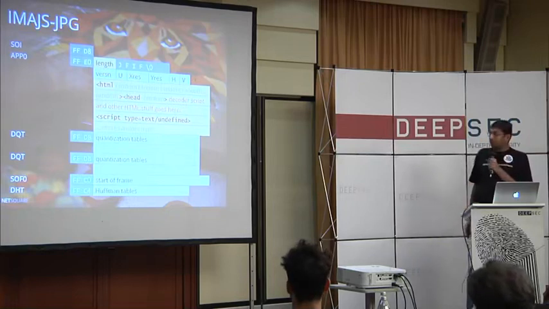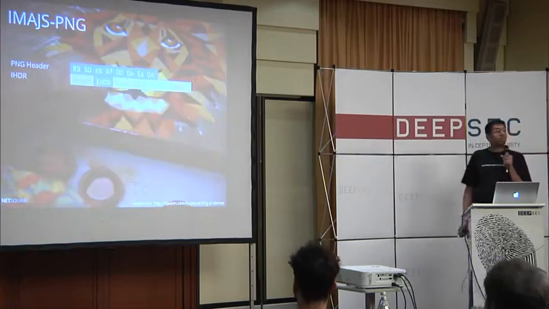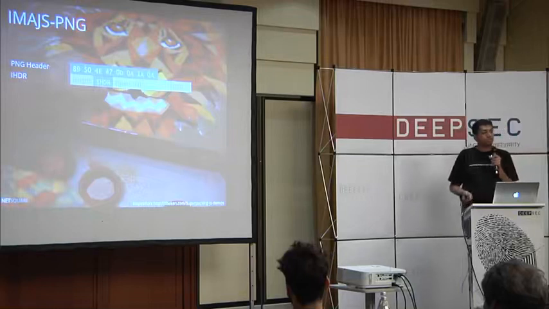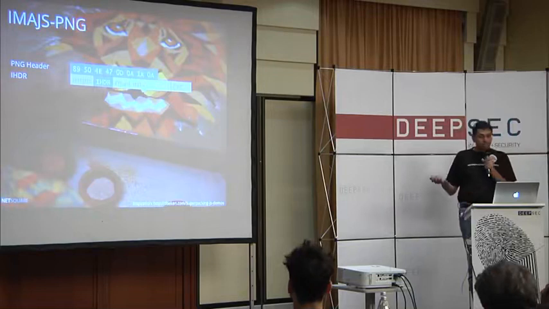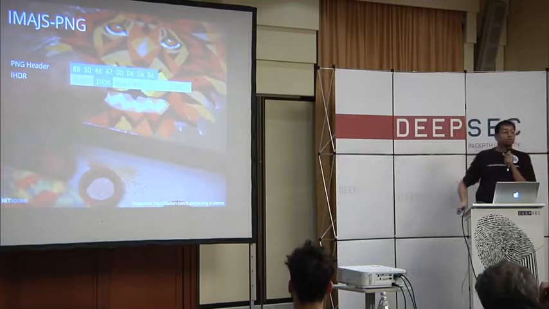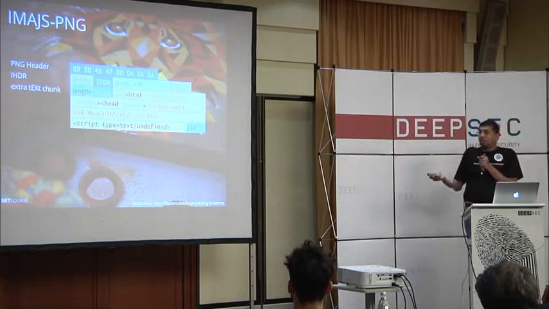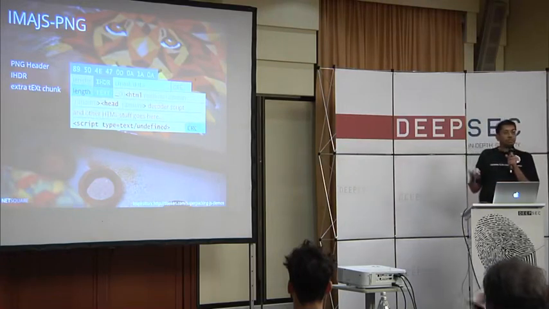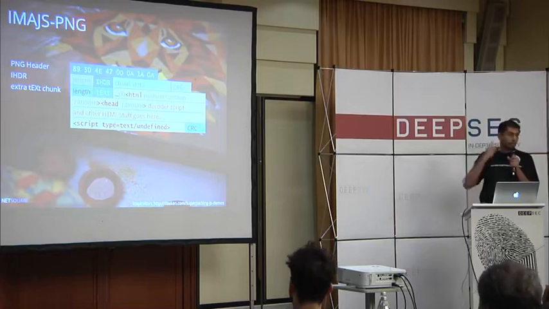You can do the same stuff with PNG as well. PNG uses a much easier format called 4CC, which stands for 4-character codes. Everything begins with a length, a 4-character code as to what the section is, and then the data and the CRC. You can create an illegal 4CC or even a legal 4CC, which is a text code, and simply put text in there, anywhere in your document.